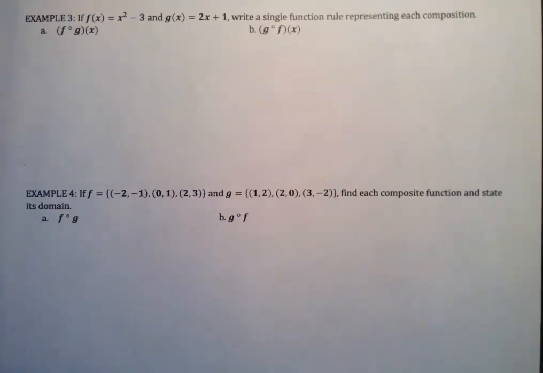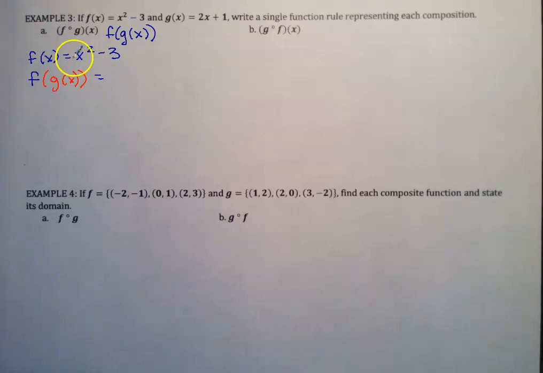Okay, so if f of g of x is what we want, again, it helps me to start with my f of x, which is x squared minus 3. Then instead of x, I'm going to put in my g of x.